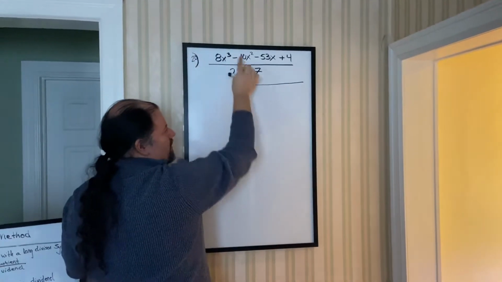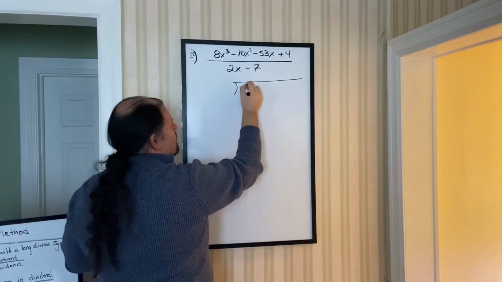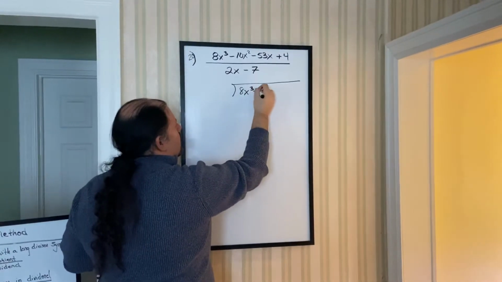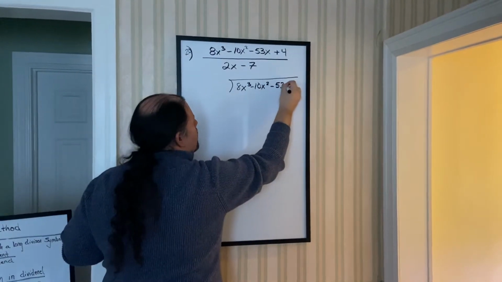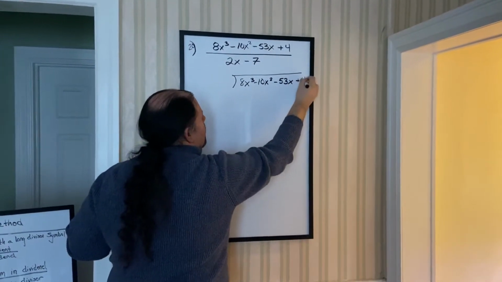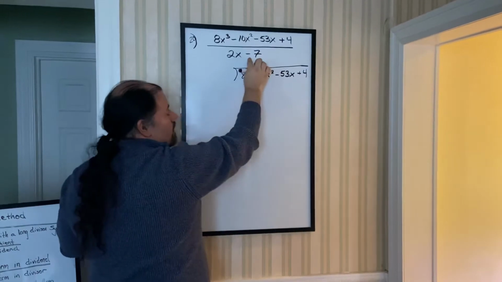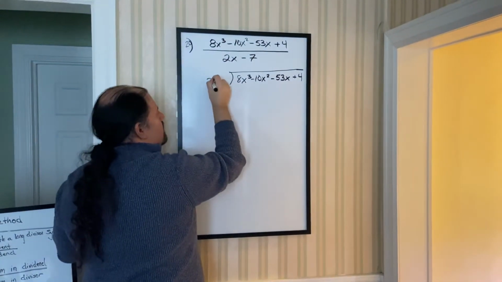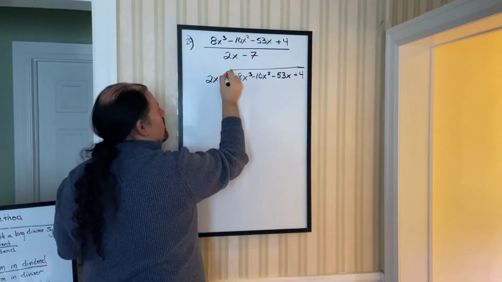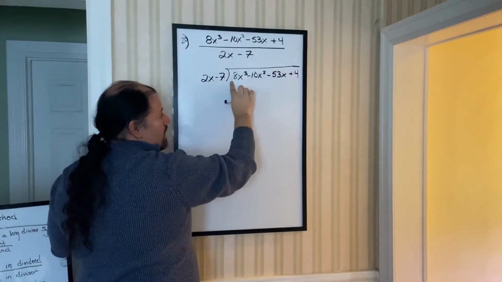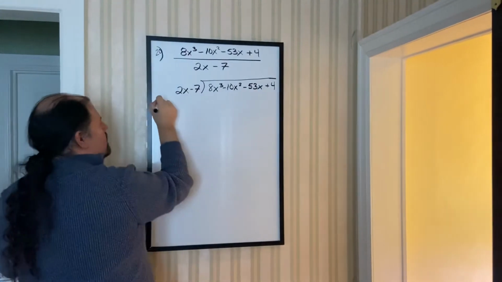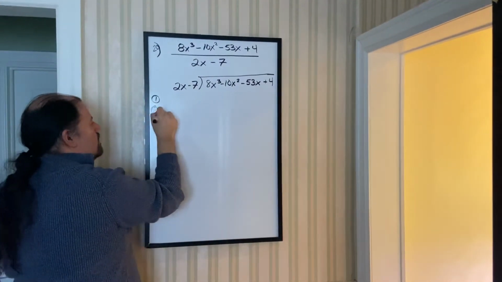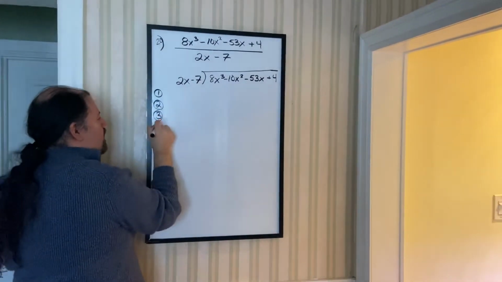Remember, the top goes inside the house, and our denominator outside the house. It's our divisor. Once you have this set up and there's no gaps and this is in descending order, then we can do our 1, 2, 3, 4.